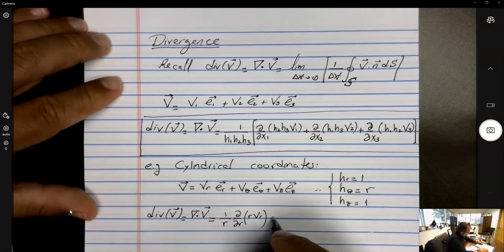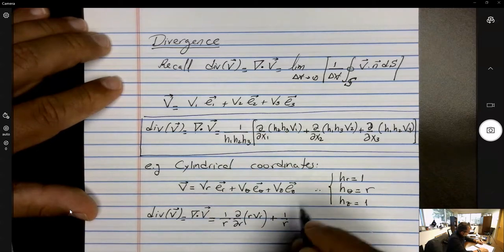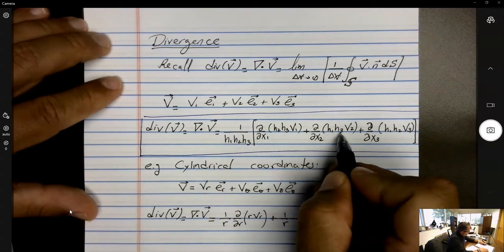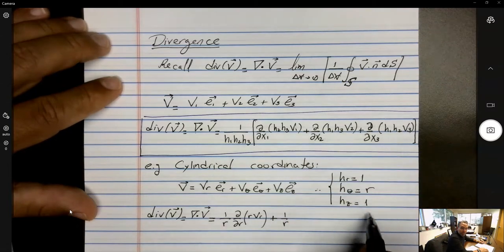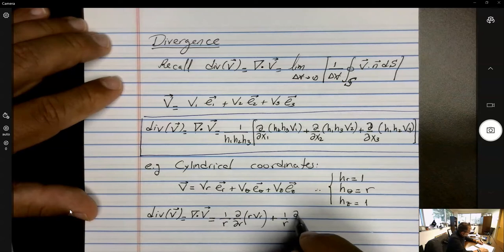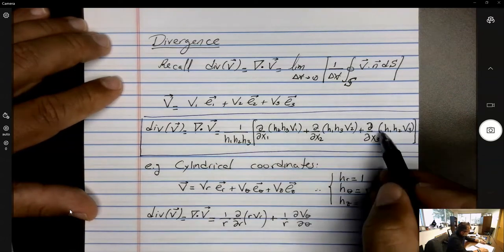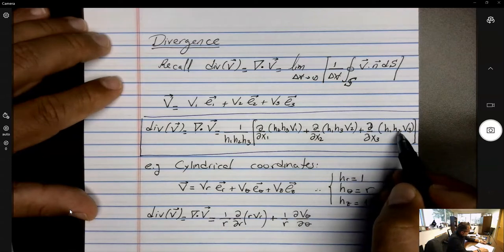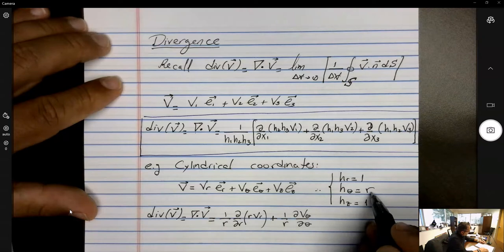And then this is going to be 1 over R of, well, H1 and H3 is simply 1. So this is d V theta d theta. And then 1 over R times d dz of H1, H2, that's R, right?